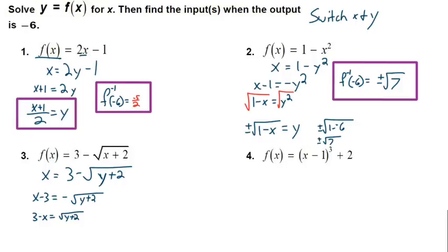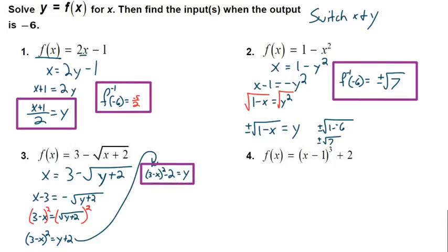The way we get rid of a square root is by squaring. The way we get rid of a third root is by raising it to the third. So that's 3 minus x, squared, equals y plus 2. And then last but not least, 3 minus x, squared, minus 2 equals y.